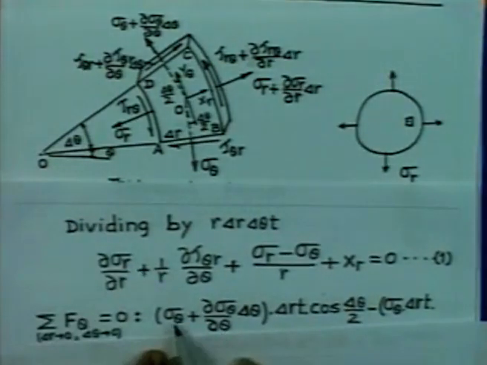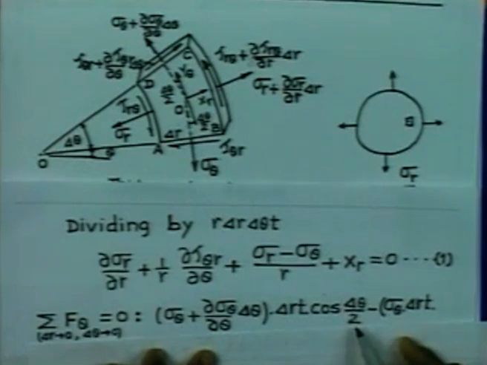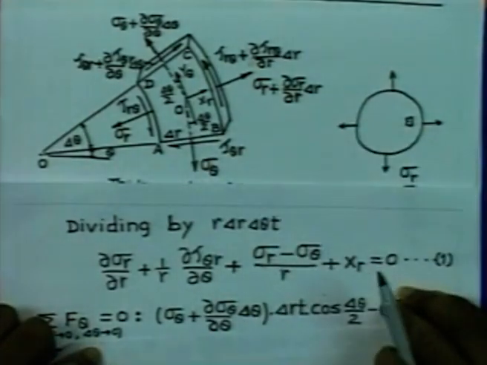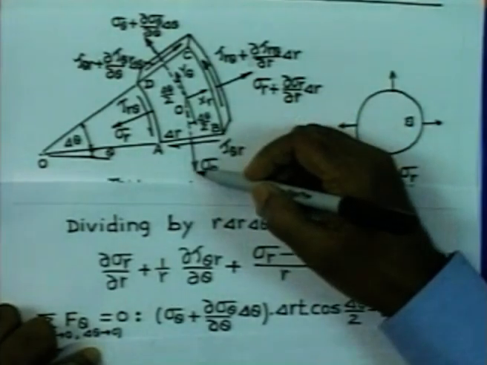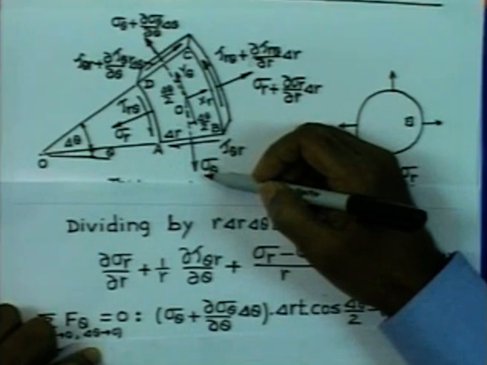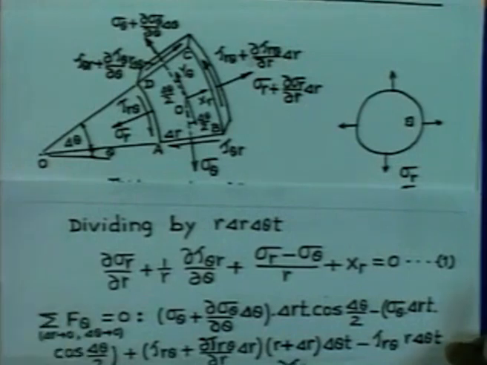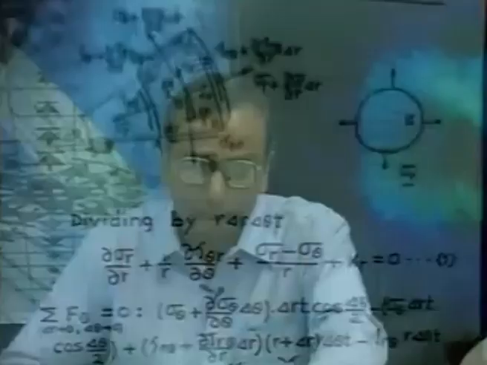Therefore, sigma theta plus delta sigma theta by delta theta acting on an area delta r into T cosine delta theta by 2, that gives us the component in the positive tangential direction, and this one acting on an area of delta r into T again, and its cosine component will give us the component in the negative theta direction. So, therefore, we have now the component here sigma theta into delta r into T cosine delta theta by 2.